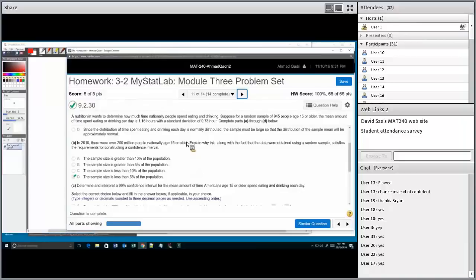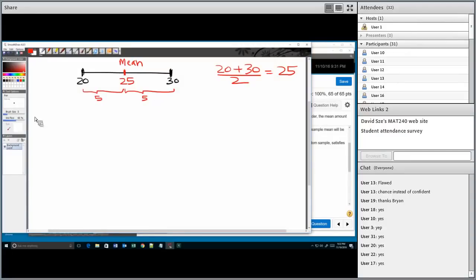There's only one requirement, okay? And the requirement is that your sample size should be less than 5% of the population. So it means your n should be less than, and it can be equal to, 5% of the big N, the population size. In this case, the population size is 200 million.